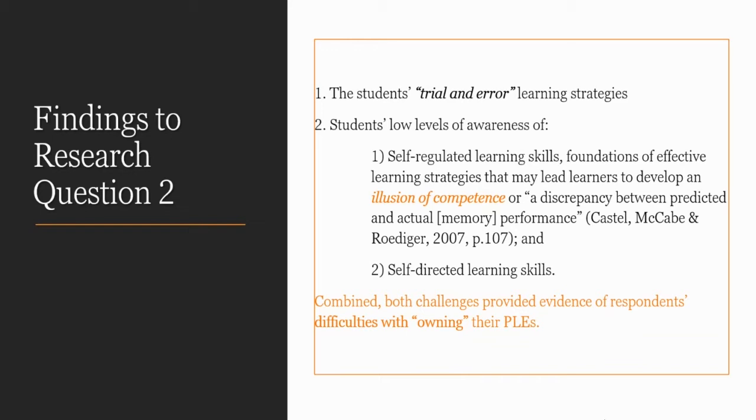So we are talking about self-directed learning skills, which drew me to the conclusion that combined both challenges provided evidence of respondents' difficulties with owning the learning networks. They were just using them, but they didn't take ownership of these learning networks.